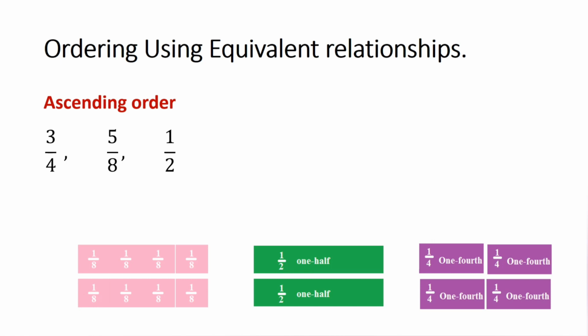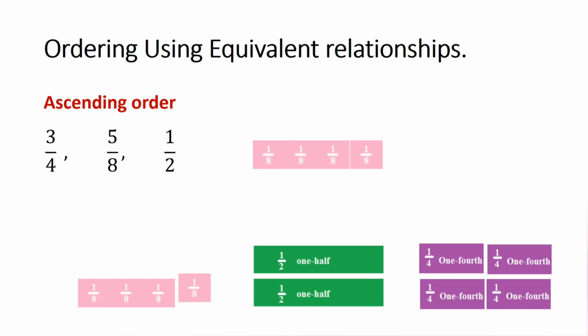Now, what we are going to do is represent or model the fractions that are to be written in ascending order. Let us first start with the 5/8. Okay, this is 4/8, so let me take one more eighth. All right.